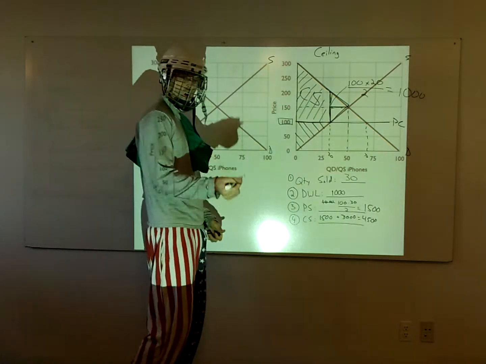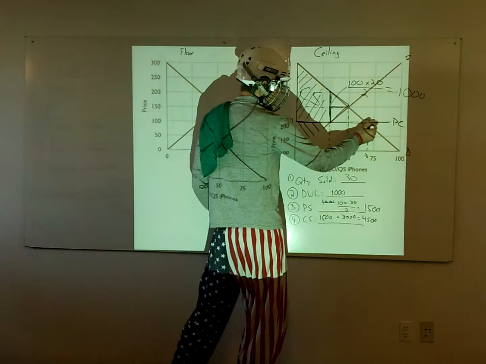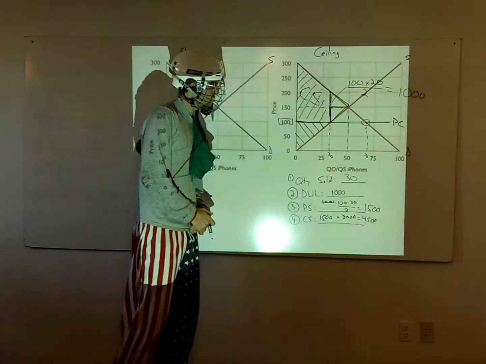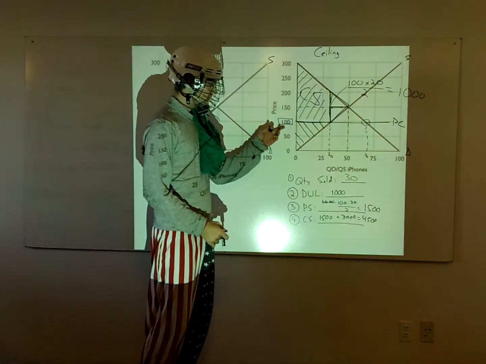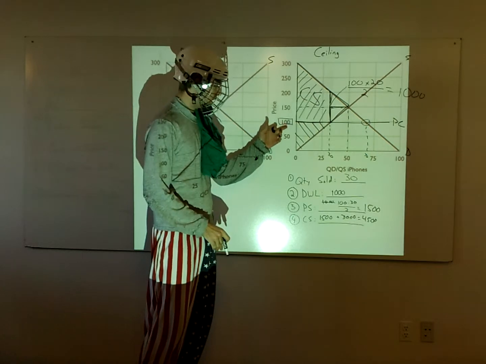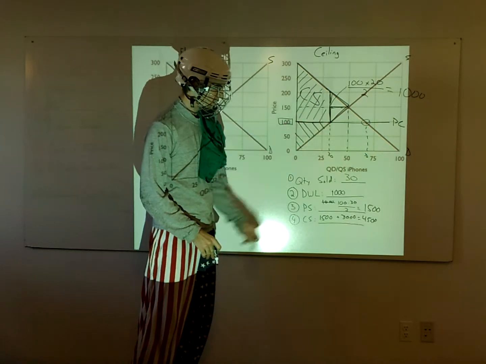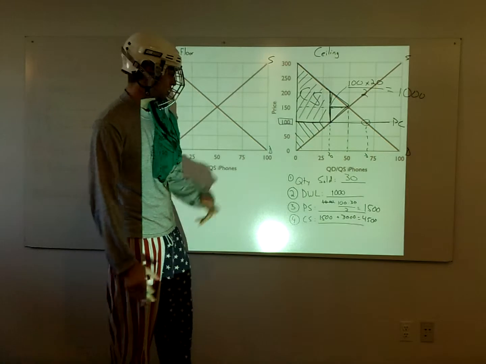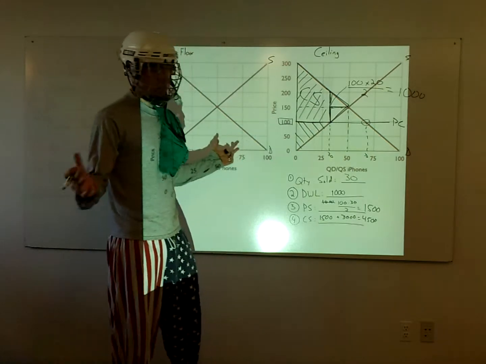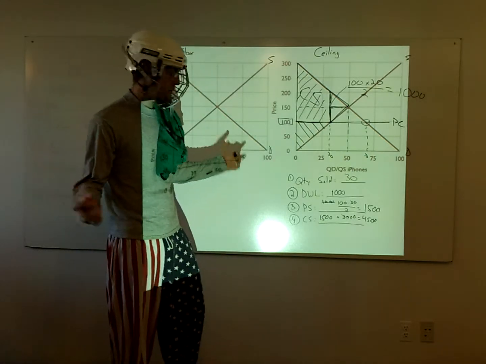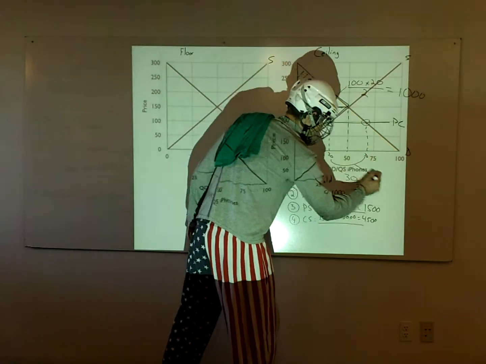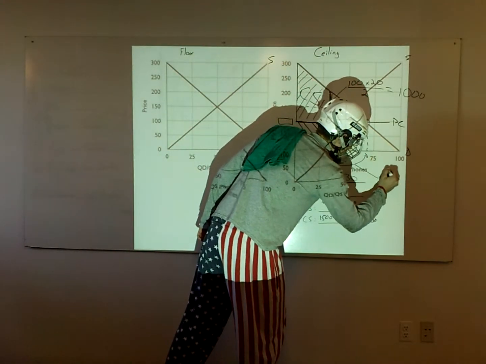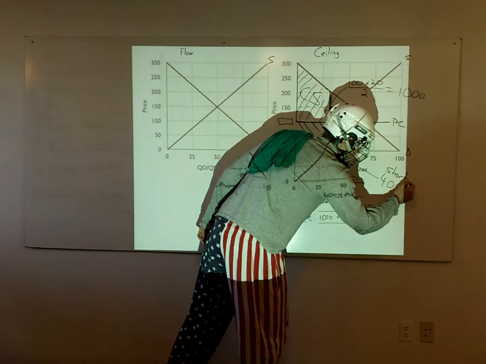At $100, what's your quantity demanded? 70. How many people are going to sell them? Or how many get sold? Quantity supplied is 30. You got 70 folks showing up to the store. You got 30 iPhones on the shelf. That means how many folks are going home without an iPhone? 40 short here.